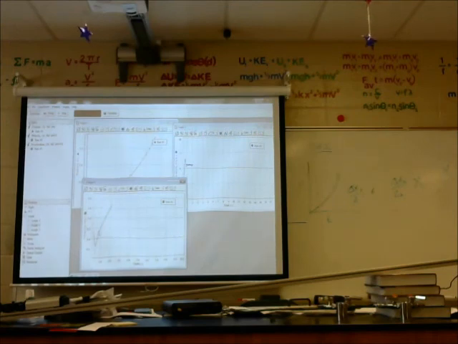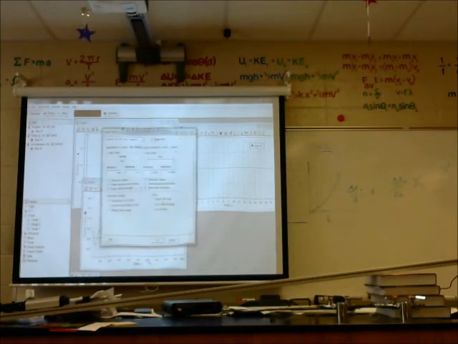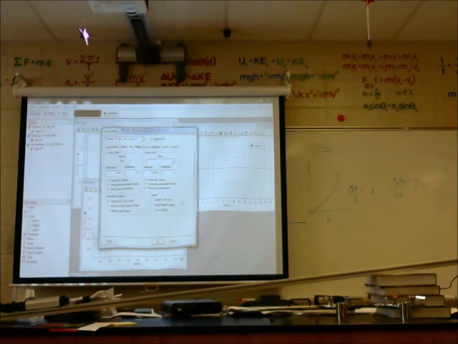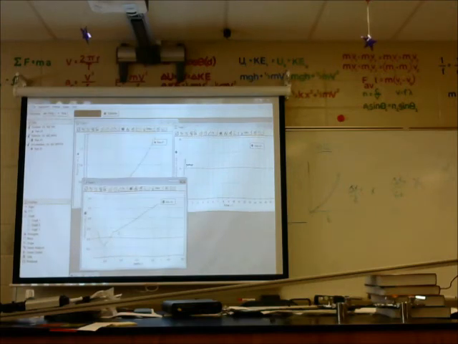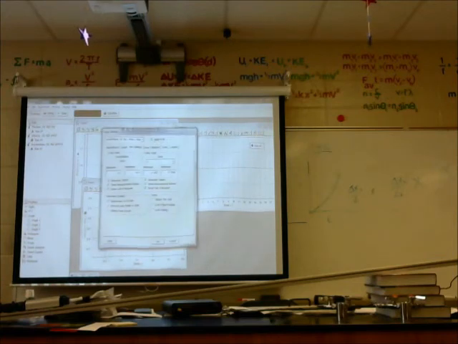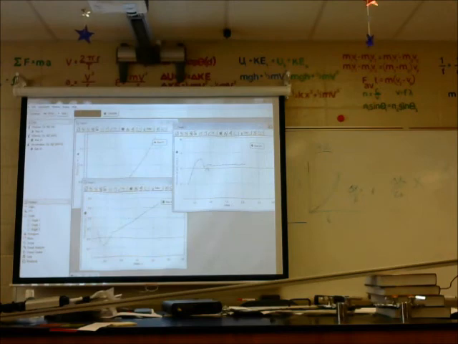What's my velocity when I let it go? Is that a straight line? Getting faster and faster and faster as time goes on. And what about over here? My acceleration from when I let it go down the ramp.